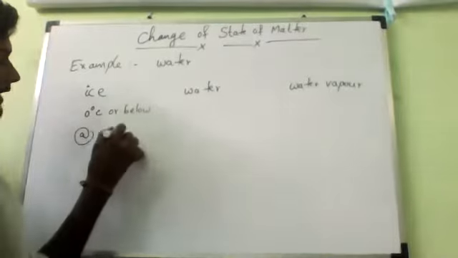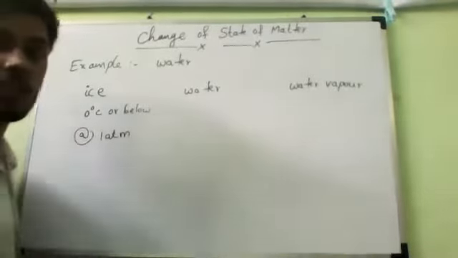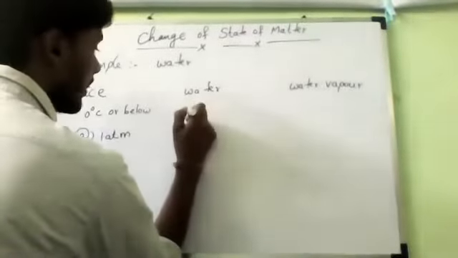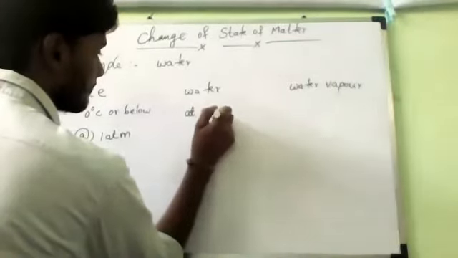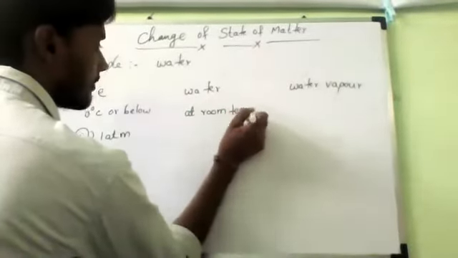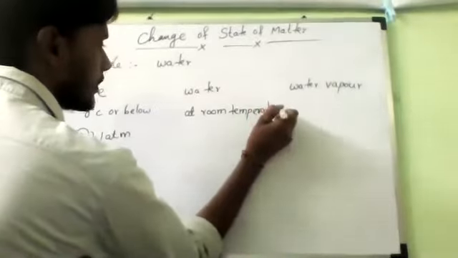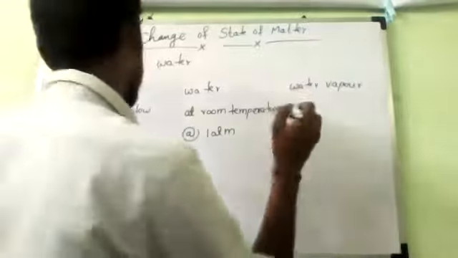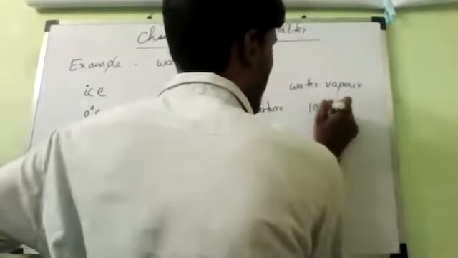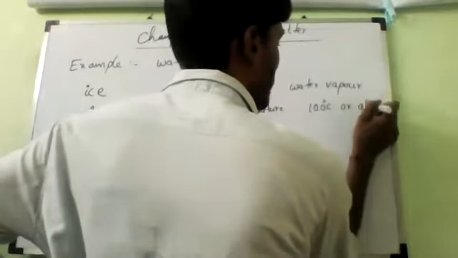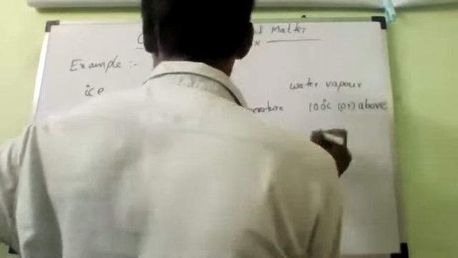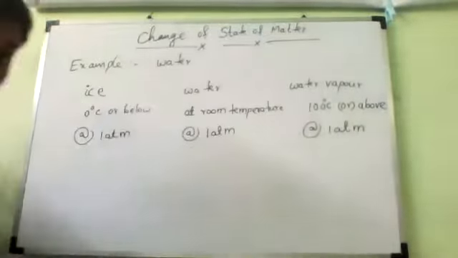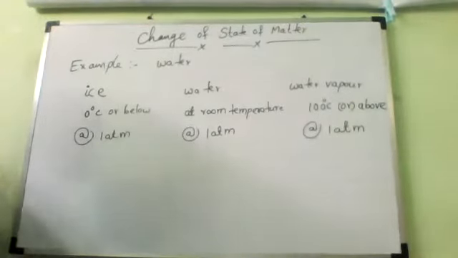At 1 atm. Is it yes or no? Next, water is at room temperature, and the pressure is 1 atm. Next, water vapor is at 100 degrees Celsius or above, and the pressure is 1 atm. Do you understand? Yes or no?